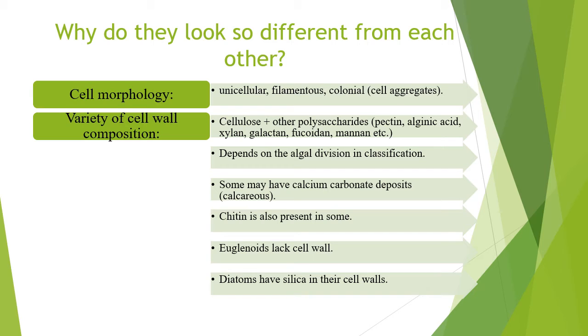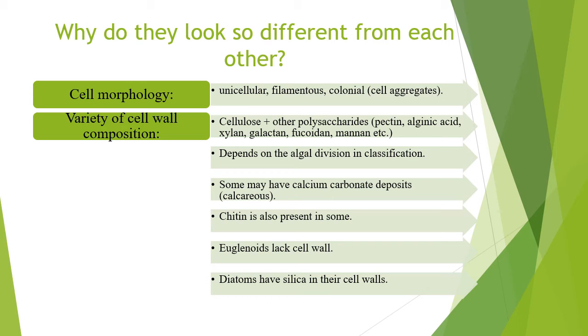So you can find one kind of cell wall in one group of algae and another kind of cell wall in another group. Apart from this, some algae may also have calcium carbonate deposits in their cell walls, which makes them calcareous in nature. In some other algae, chitin can also be present, whereas euglenoids completely lack any cell wall and diatoms have silica in their cell walls.